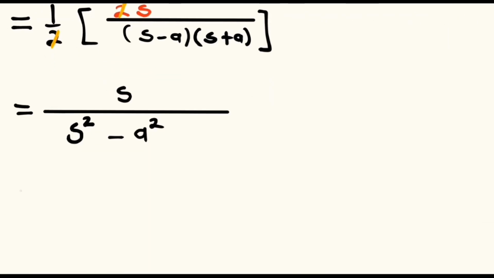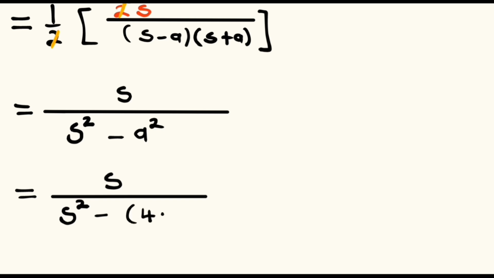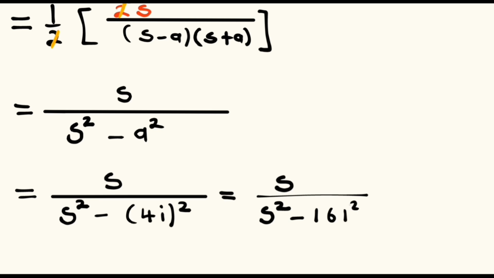So we go right ahead and substitute 4 multiplied by i where there is a, so we have negative, in the place of a, we substitute 4 multiplied by i, and this will be squared because the a is squared, and this will be equal to s divided by s squared minus 4 squared, which is equal to 16, and the i squared.